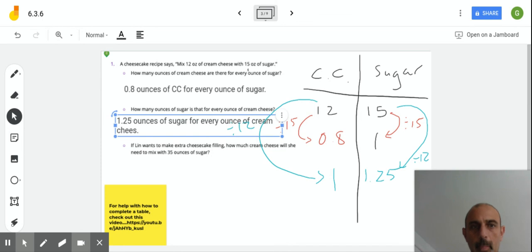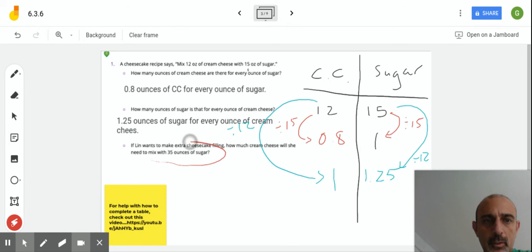And we've answered that one. And now the question is, if Lynn wants to make extra cheesecake filling, how much cream cheese will she need to mix with 35 ounces of sugar? So with 35 ounces of sugar.